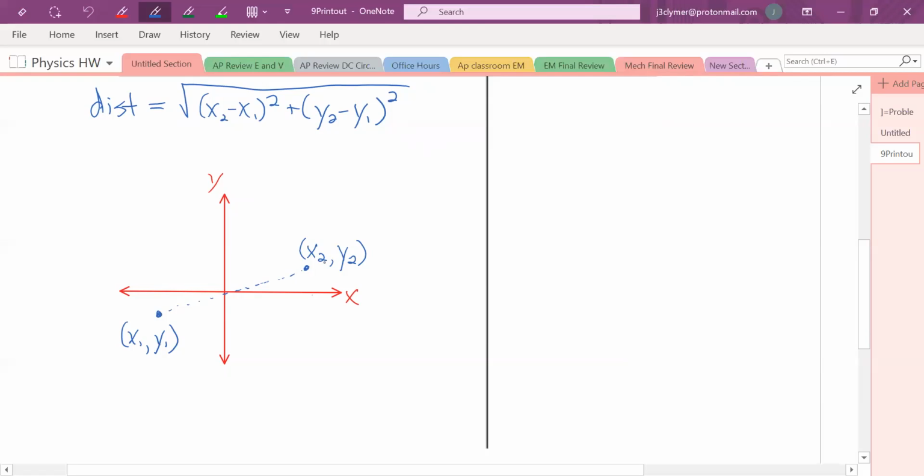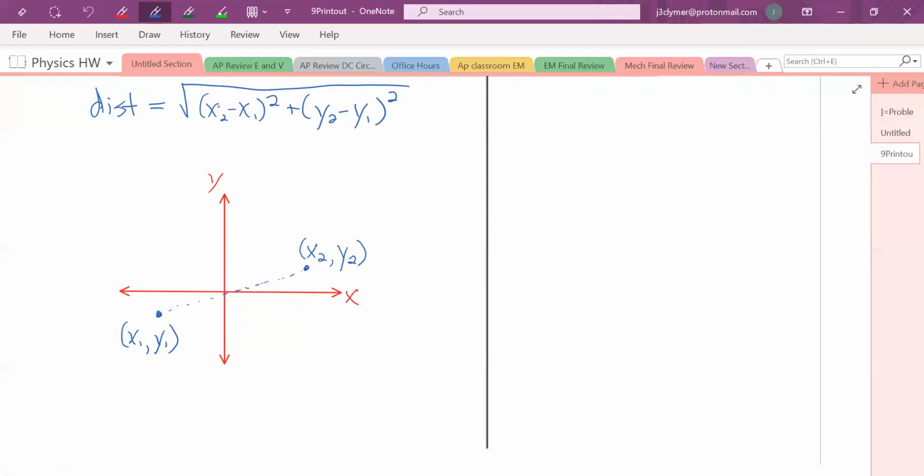And the reason why we don't use numbers is because we want it to be true for any 2 points. So x subscript 1 and y subscript 1 would represent 1 point anywhere on this plane. X subscript 2, y subscript 2 would represent another point anywhere on this plane. But this point is different than this point, because those points are not the same.